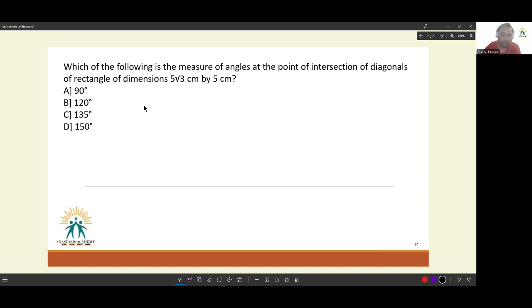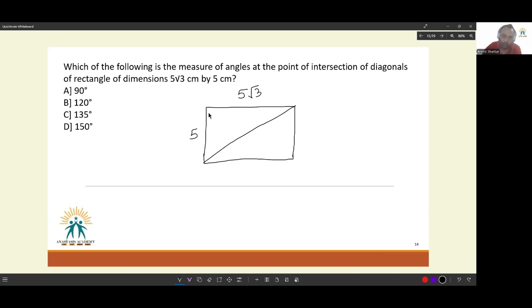Okay. Next, which of the following is the measure of the angles at the point of intersection of diagonals of a rectangle of dimension 5 root 3 by 5 centimeter? If this is 5 and this is 5 root 3, look at this diagonal.